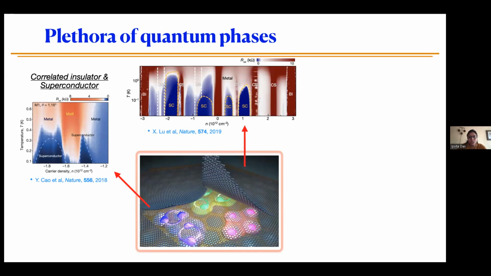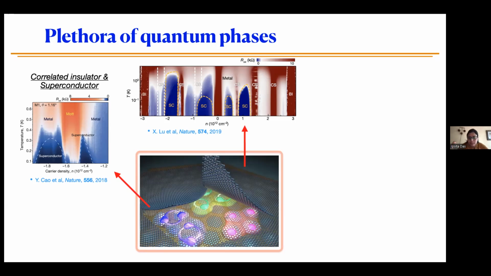all these color plots are longitudinal resistance as a function of temperature, and the x-axis is my carrier density. So on the x-axis I'm tuning the Fermi energy, either on the electron side for the positive part, or on the hole side, in the valence band, for the negative side, right?